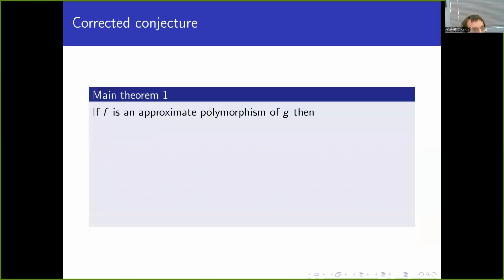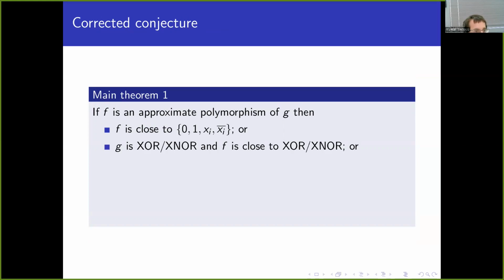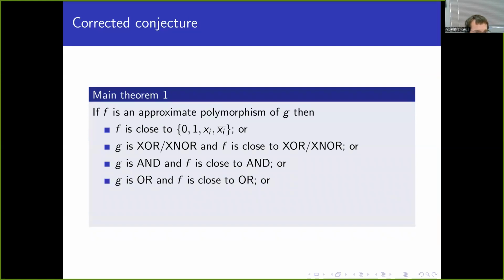Okay, so here's our first main theorem. It states that if f is an approximate polymorphism of g, then one of the following holds. Either f is close to one of the trivial polymorphisms, or g is an XOR or its negation, and f is close to an XOR or its negation, or g is an AND, and then f is close to an AND, or the same thing with OR.